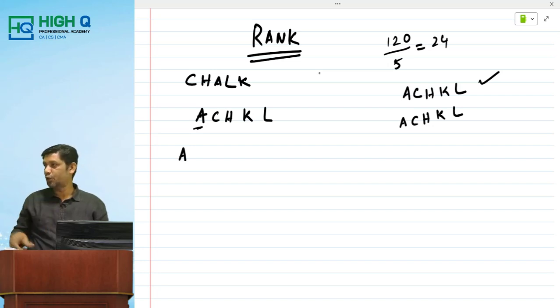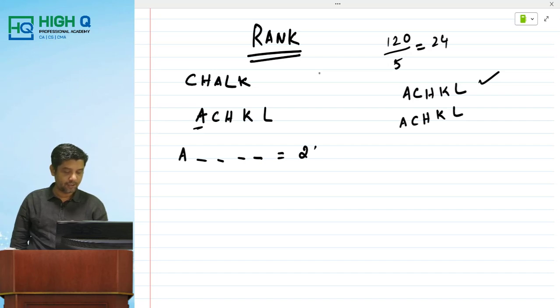I want CHALK, so no. Remaining how many letters to be arranged? 4. These 4 letters can be arranged in 4 factorial ways, which is equal to 24. A is gone.